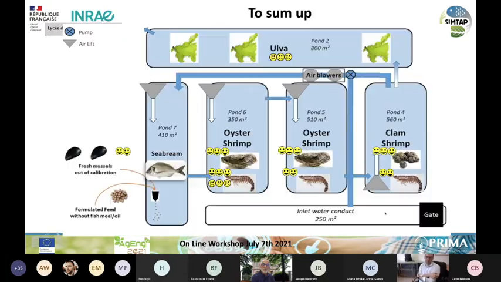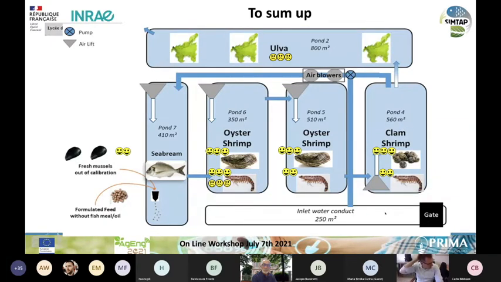To sum up, we can see that we had good results for sea breams in terms of growth and survival rate. We had very good growth and quality for oyster and shrimp in pond number 6, up to this climate event where all the shrimp died.